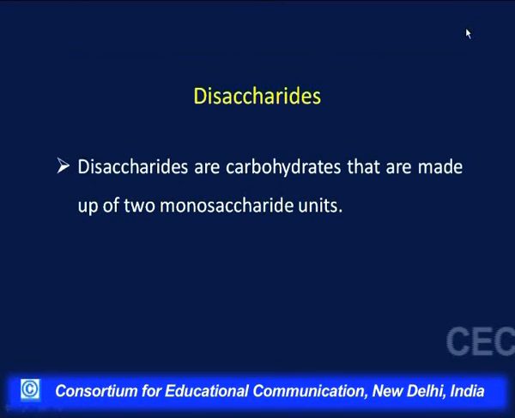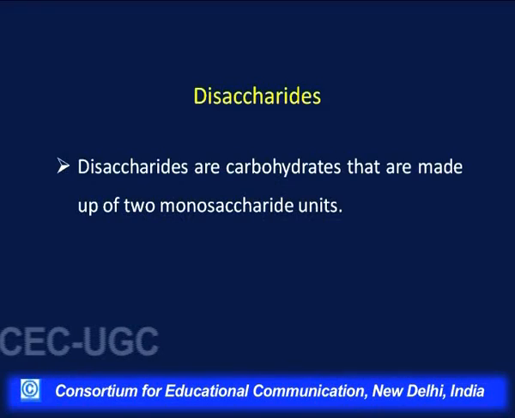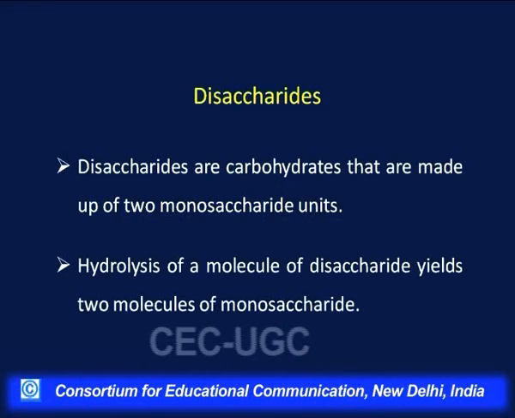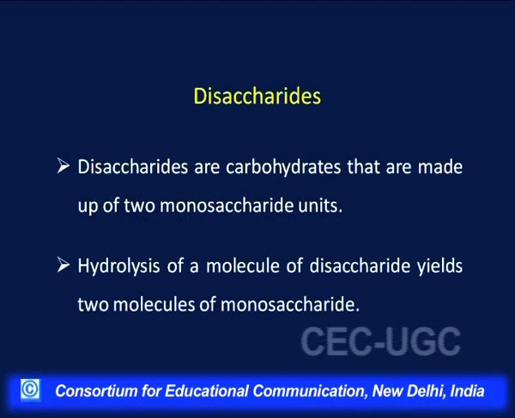Now, after that we talk about disaccharides. Till now we have been discussing the monosaccharides. Disaccharides are those carbohydrates, as we have discussed earlier, which consist of 2 monosaccharide units. That is, on hydrolysis they give us 2 molecules of monosaccharides. Now, how are these monosaccharides linked with each other?